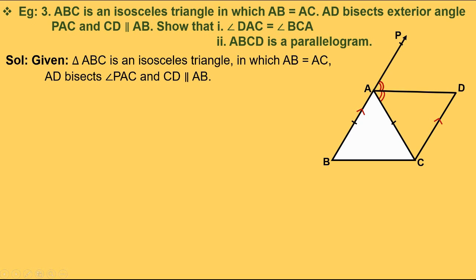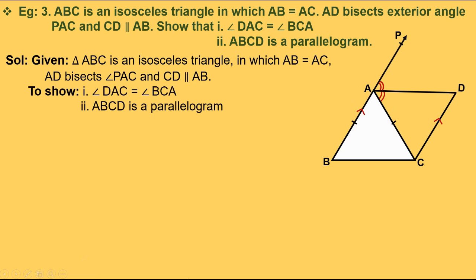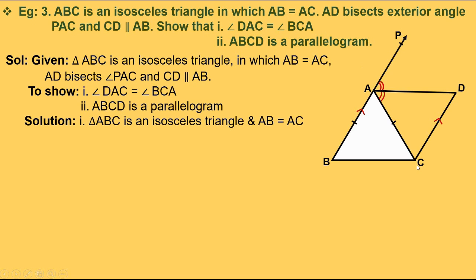To show angle DAC is equal to angle BCA. Also, ABCD is a parallelogram. Solution. ABC is an isosceles triangle and AB is equal to AC. Therefore, angle ABC is equal to angle ACB. Angles opposite to equal sides are equal.